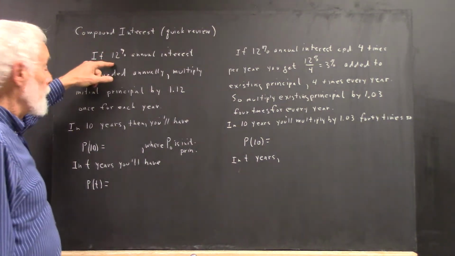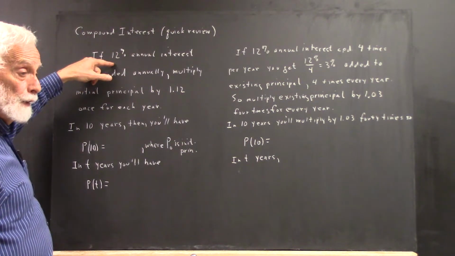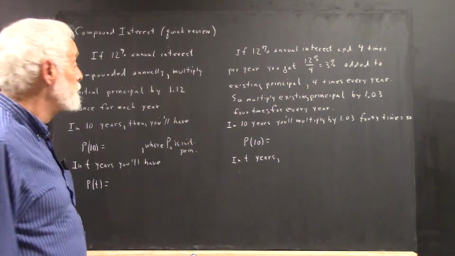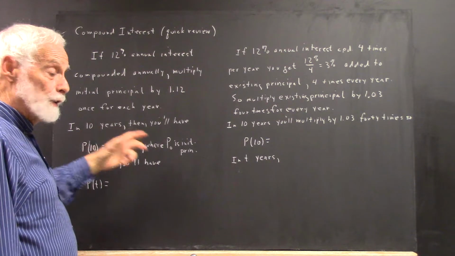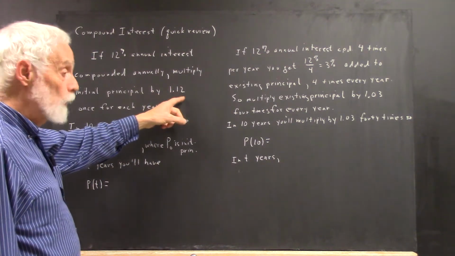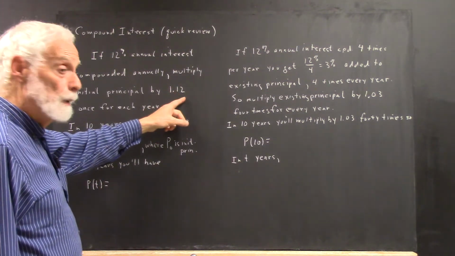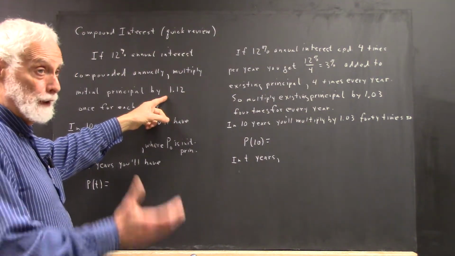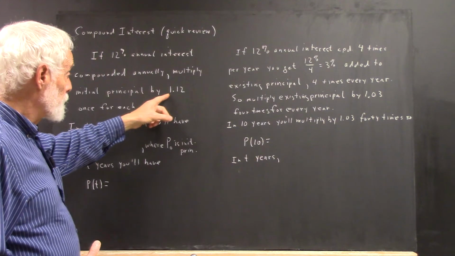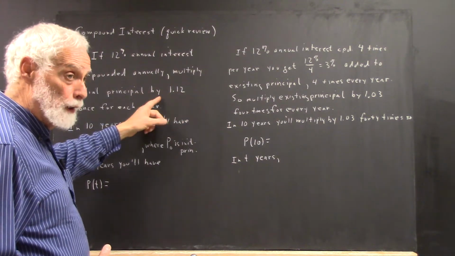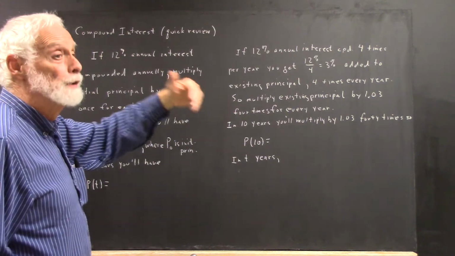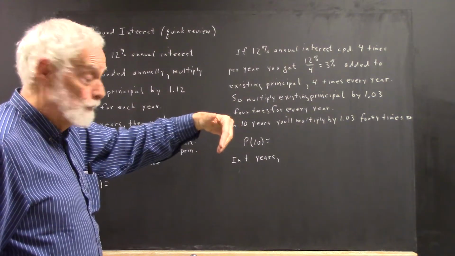So adding 12% is the same as adding 0.12 times our principal, which is the same as multiplying our principal by 1.12. 0.12 being what we add, and 1 being our original principal, which we get to keep. So here's our original principal, here's what we're adding. It's like 1 plus 0.12, 1 times the principal plus 0.12 times the principal.